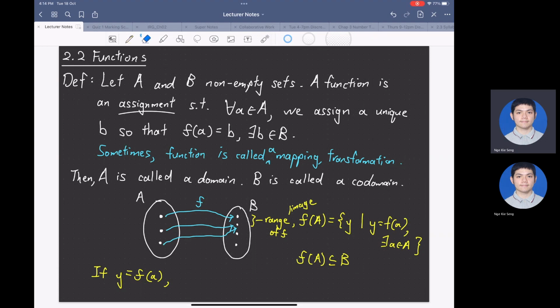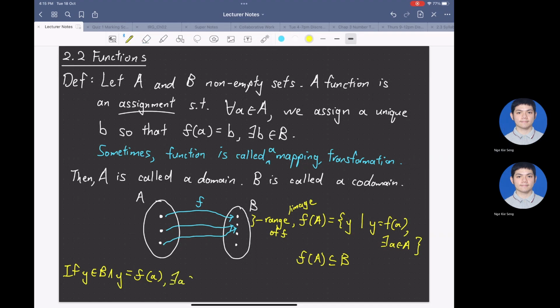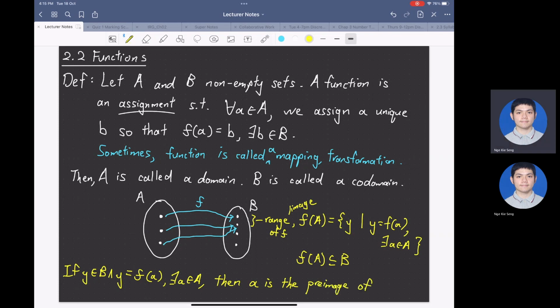If y is in B and y equals f(a) for some a, then a is the pre-image of y.